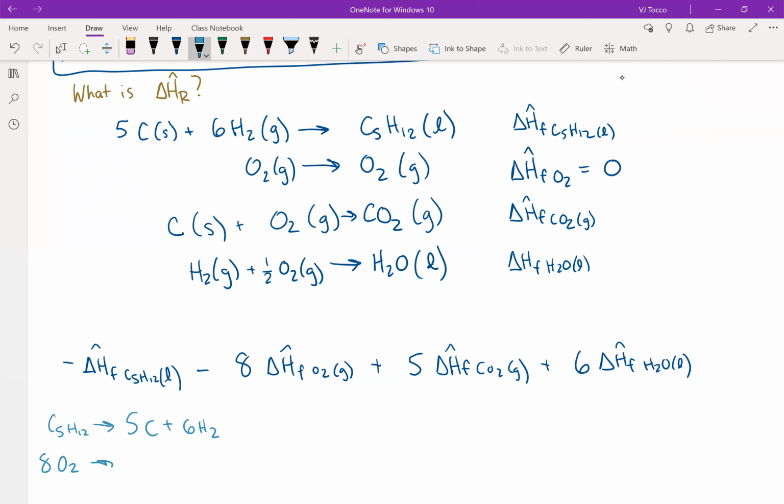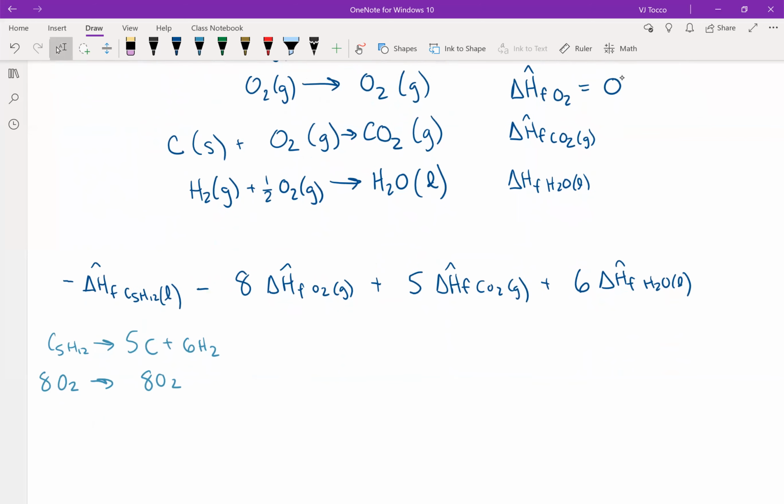So 8 O2 goes to 8 O2s. 5 times the third one, so 5 carbons plus 5 oxygens goes to 5 CO2s. And 6 hydrogens plus 6 times 1/2 is 3 O2s goes to 6 H2Os.